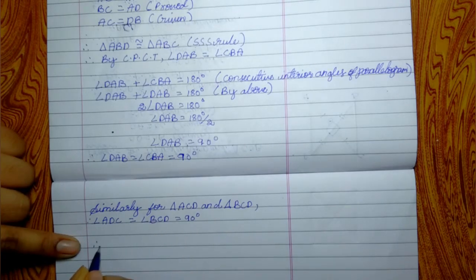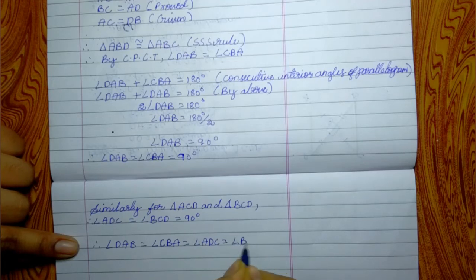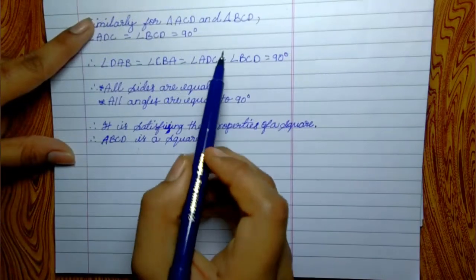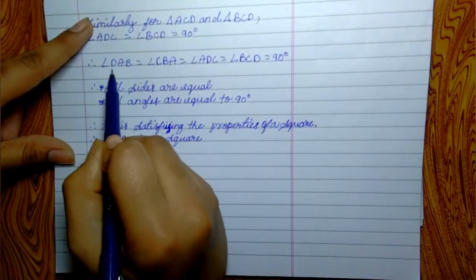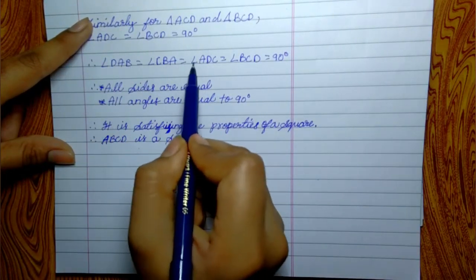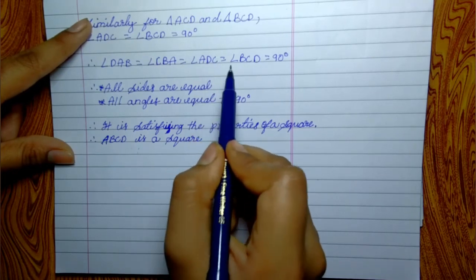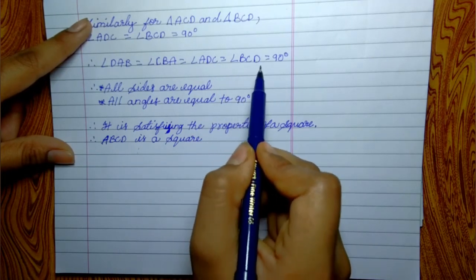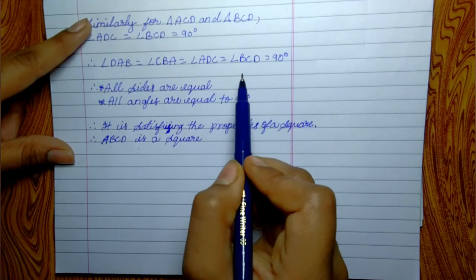Okay, friends. Therefore, angle DAB is equal to angle CBA is equal to angle ADC is equal to angle BCD is equal to 90 degrees.